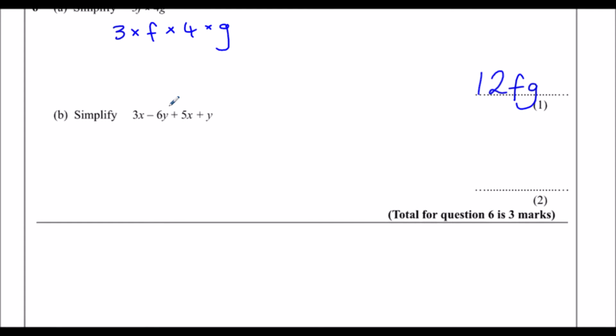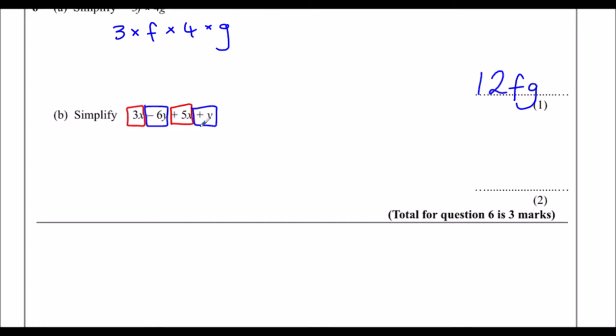Part B. Simplify 3x minus 6y plus 5x plus 1 more y. So what we can do in this case, we can add the x terms. So we've got a 3x plus a 5x, and we can add or take away the y terms. So we've got minus 6y plus 1y, or the other way around.